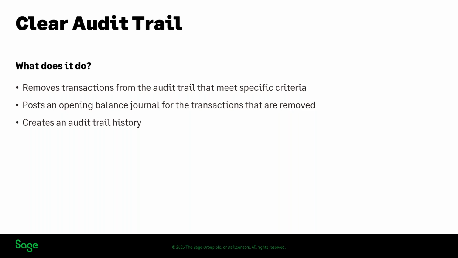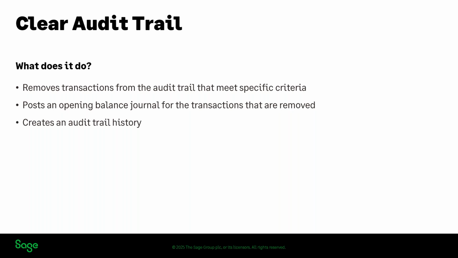Now, when transactions are cleared from your audit trail, to maintain the balance against each nominal code, if, let's say, more debits than credits are cleared, it will post an opening balance journal. Now, this only happens against nominal codes and bank accounts.